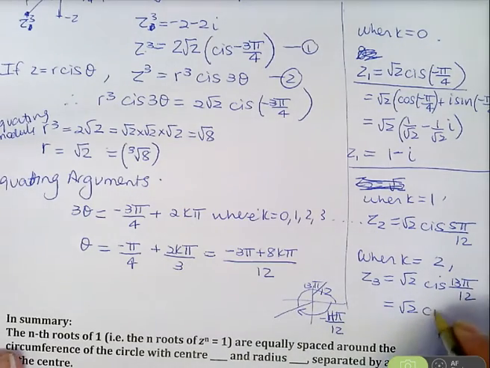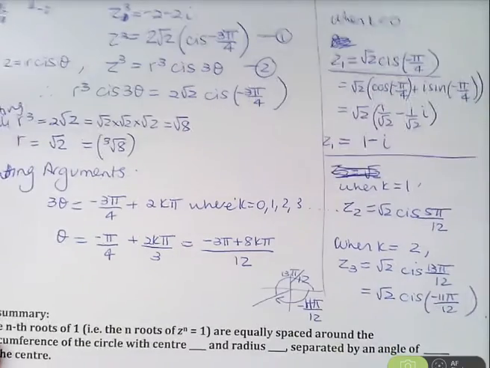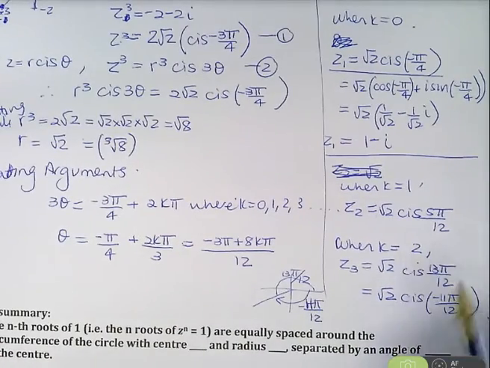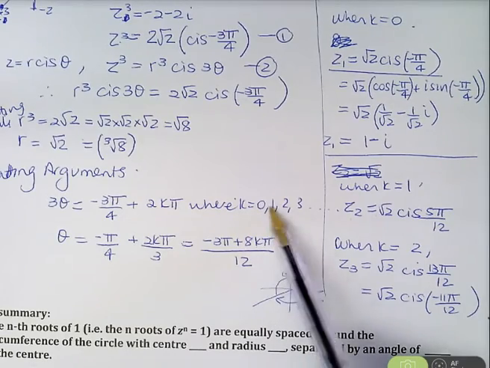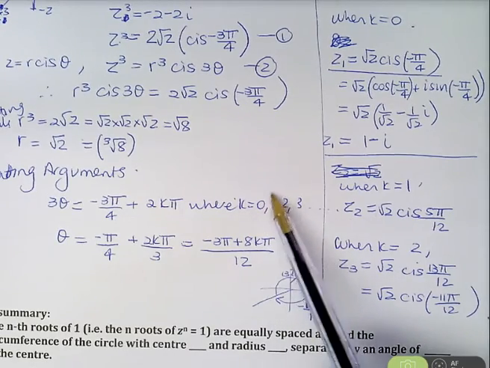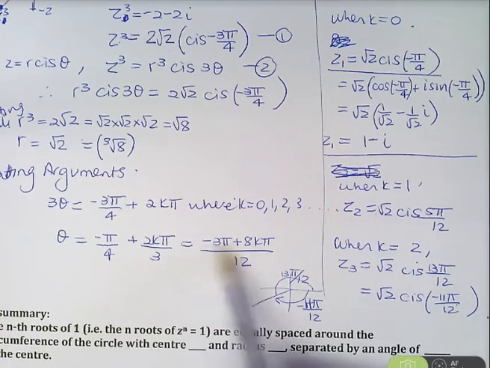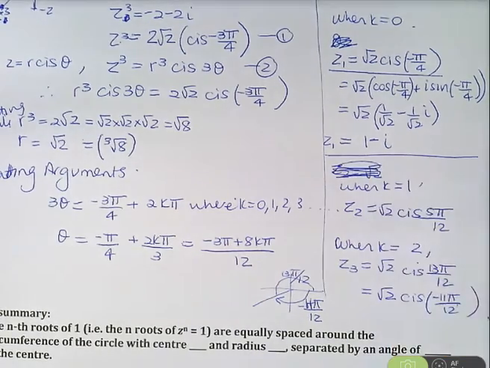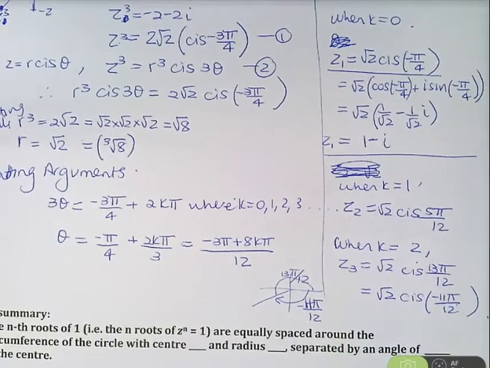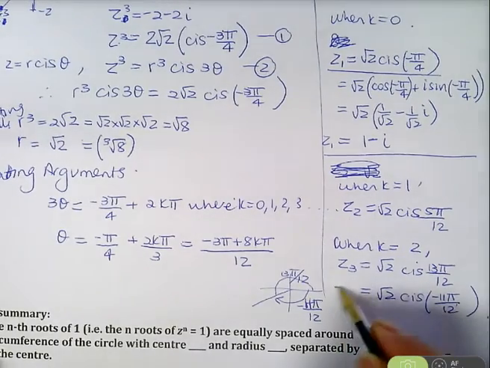So root 2 cis negative 11 pi on 12. The other way of getting that is that k can be 0, plus or minus 1, plus or minus 2, because if k is negative 1, I'd get minus 8 pi minus 3 pi, which is minus 11 pi on 12. You can do it either way, but you just have to watch for repeats of roots, okay? So they're your 3 roots.